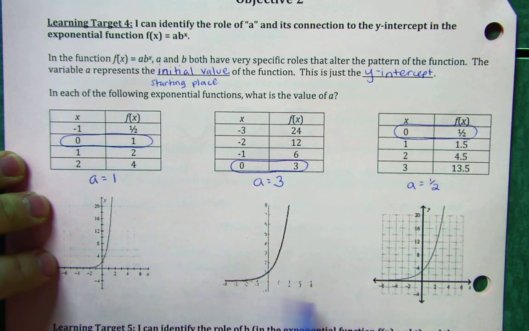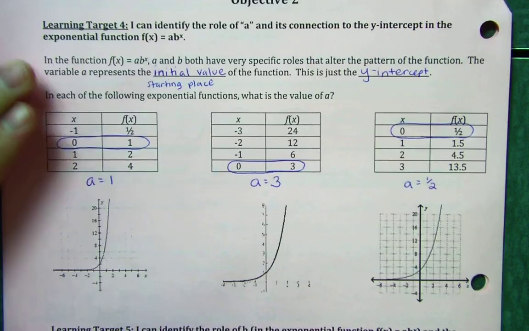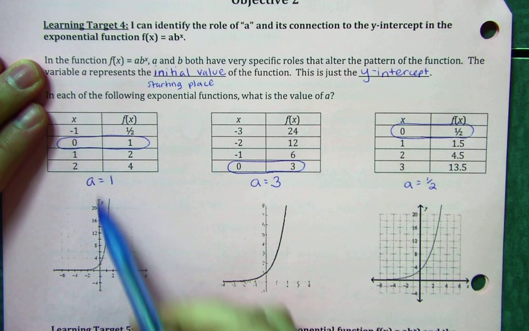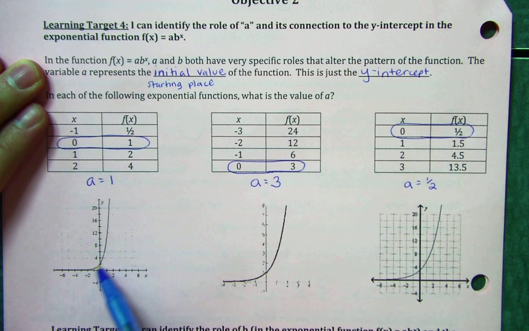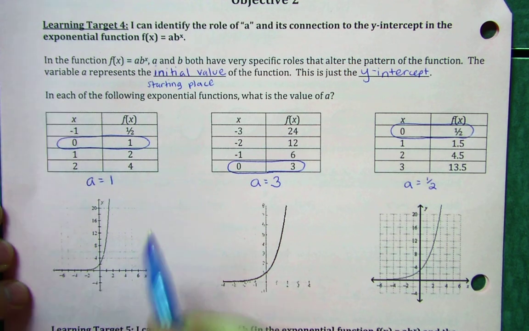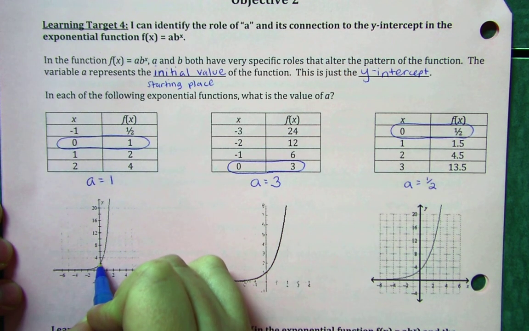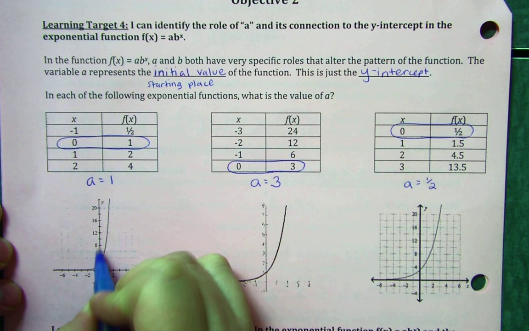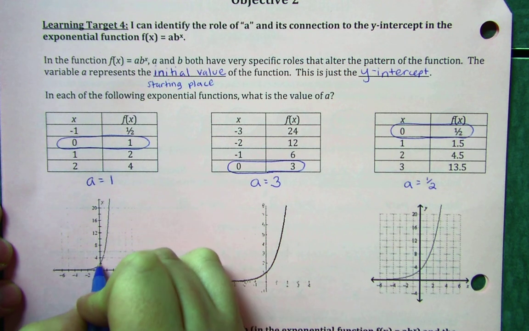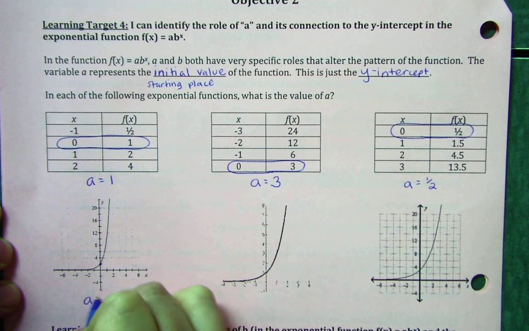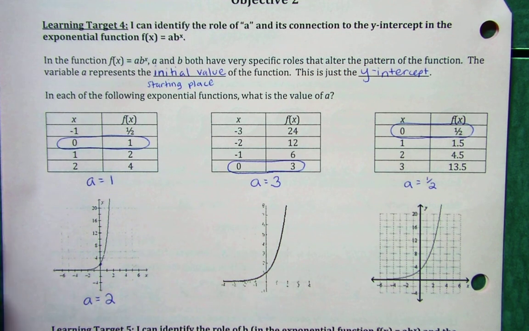Now we're really just looking at the graph and identifying the y-intercept. Remember that this is the y-axis, and our function intersects the y-axis here at 2 because this is counting by 2s: 2, 4, 6, 8, and so on. So here is 2, so the value of a would be 2. That's the y-intercept.